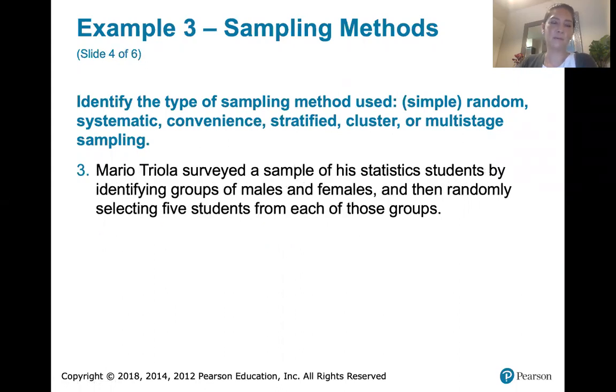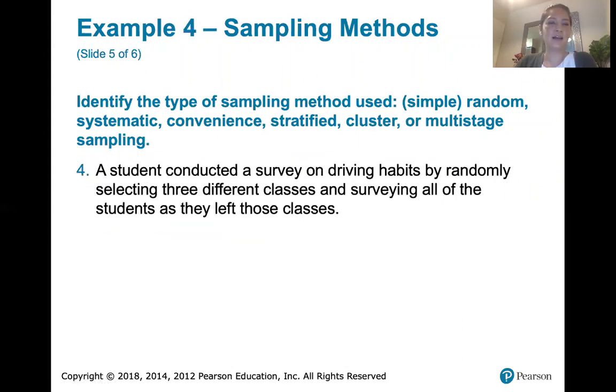Here's another example. Mario Triola, the author of our textbook, surveyed a sample of his statistics students by identifying groups of males and females and then randomly selecting 5 students from each of those groups. So he got 5 males and 5 females. Well, he subdivided everyone first and then randomly selected, so that's a stratified sample. Here's another one.